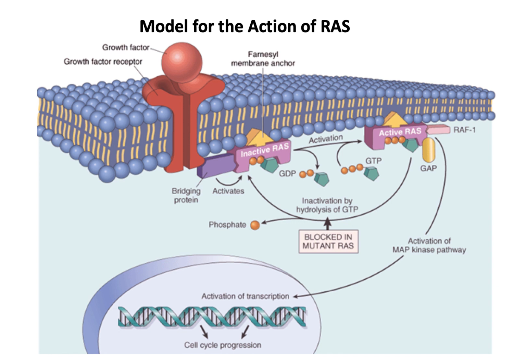So you get cell proliferation. So you can see in a mutant RAS, it will continually be activated because it cannot drop the GTP. And whether or not you have a growth factor out here stimulating or not, it continues to be activated and increase transcription and cell division.